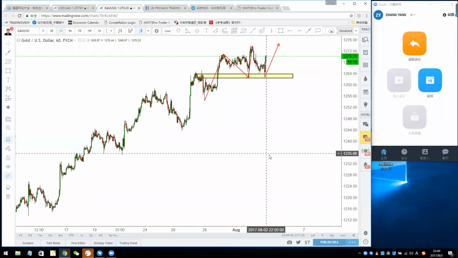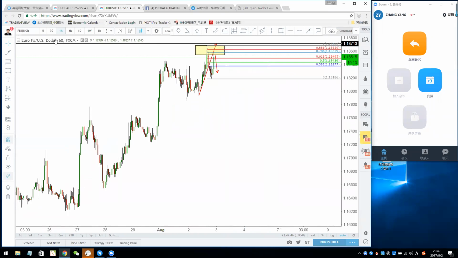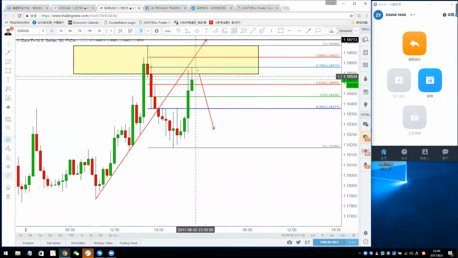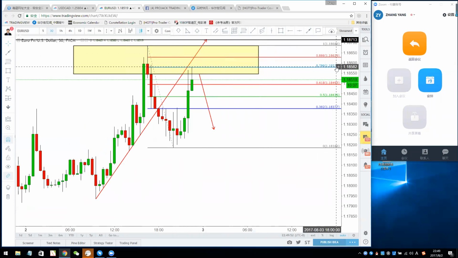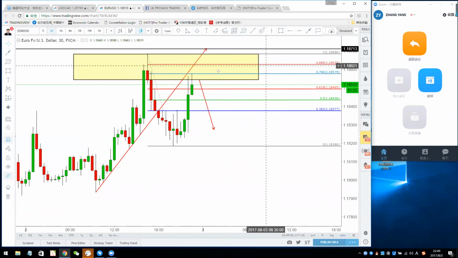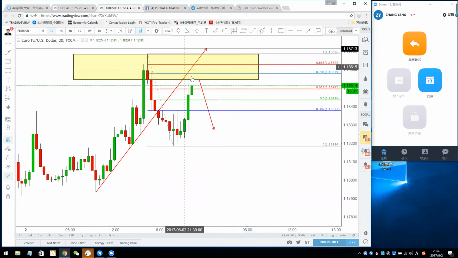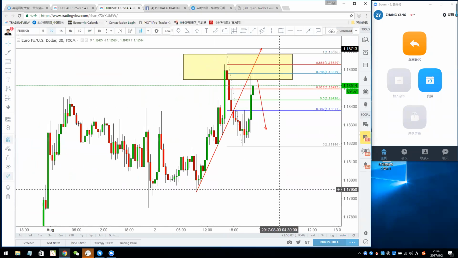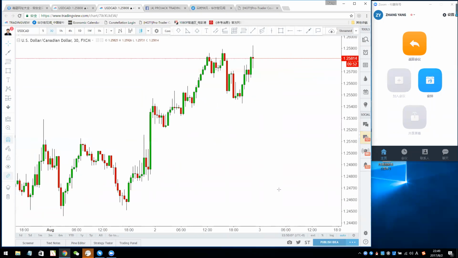Okay, for the euro, just now I say the euro you may consider short, right? Yeah, this line is telling you that 1.1857 has very big resistance. So stop loss above 1.1880 and aim for down. Okay. Now dollar CAD already shows the bullish momentum.